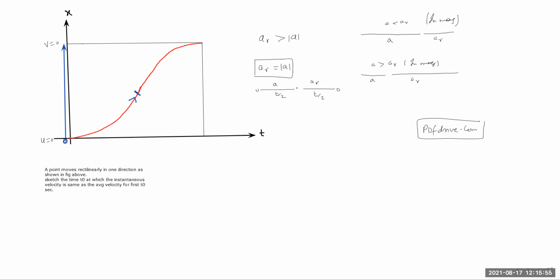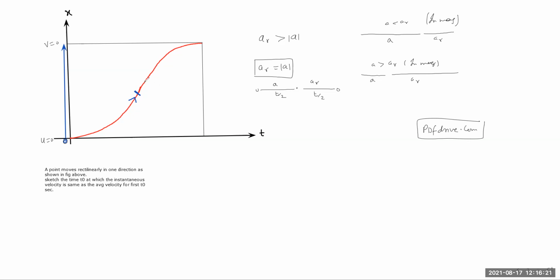Now this is something you need to think about. This is not so obvious at first go. Maybe if it clicks, it's wonderful. Else, I'm always there. Okay, what you need to think is how you draw the average. For the average from 0 to any time t, you draw the line and find the slope.